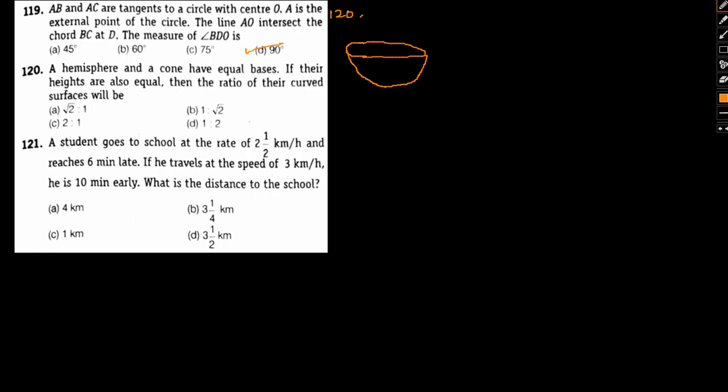What's given is their heights are also equal. So we have a hemisphere and a cone. Now if we talk about the curved surface area of a hemisphere, it can be given by 2 pi r square. And the curved surface area of a cone can be given as pi r l.